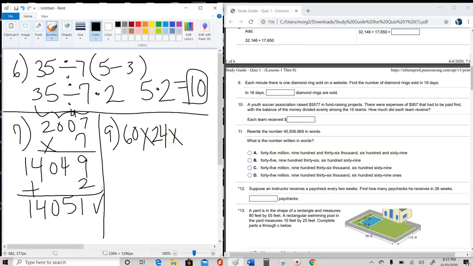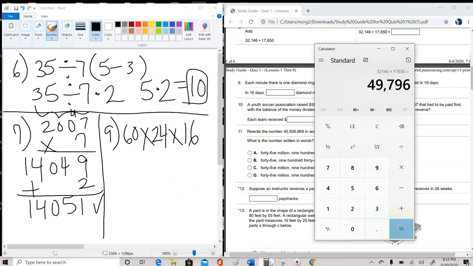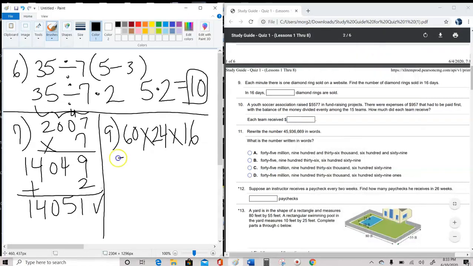And we're trying to find the number of diamond rings sold in 16 days. So multiply 60, 24, and 16 together. And the number of diamond rings sold in 16 days is 23,040.